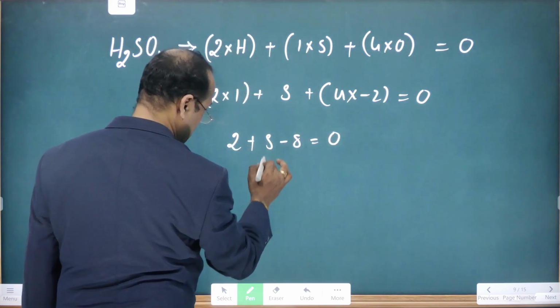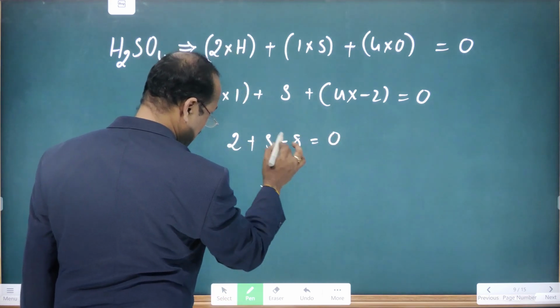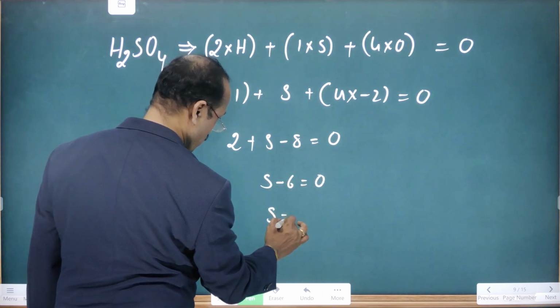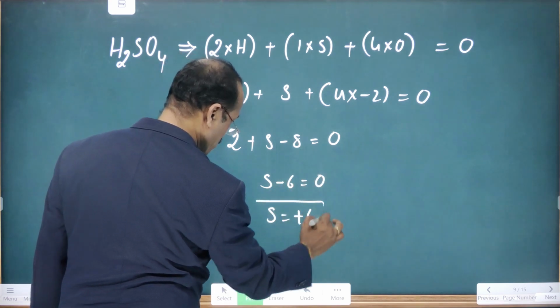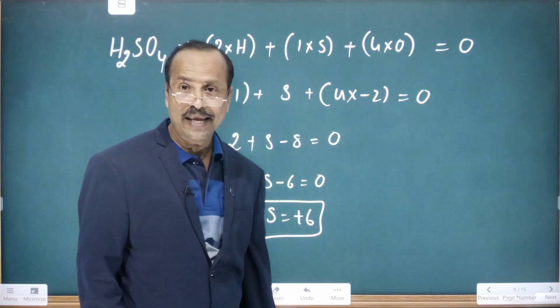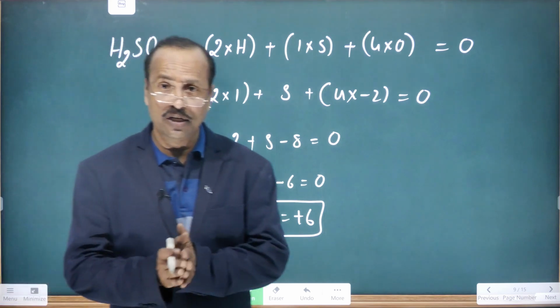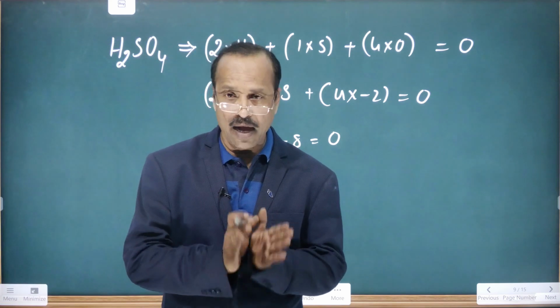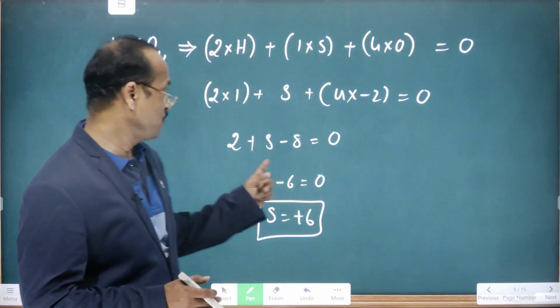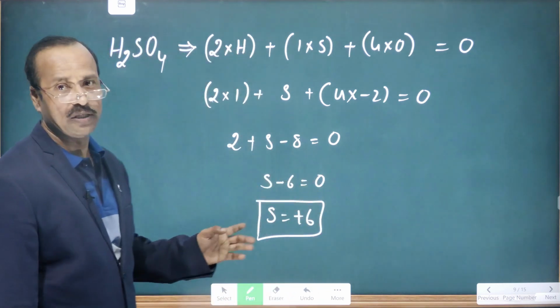So this S I'll write here. Plus 2 minus 8, that is minus 6, is equal to 0. And S is equal to plus 6. So the oxidation number of sulfur is plus 6. So like this, we can calculate the oxidation number of any element in a molecule. Is this clear? So this is a way of calculating the oxidation number.